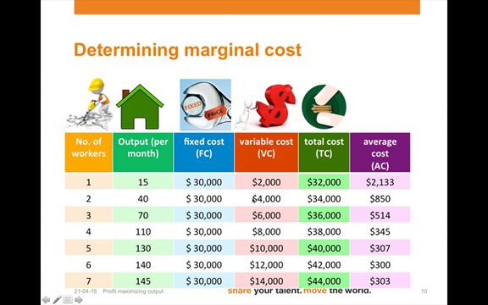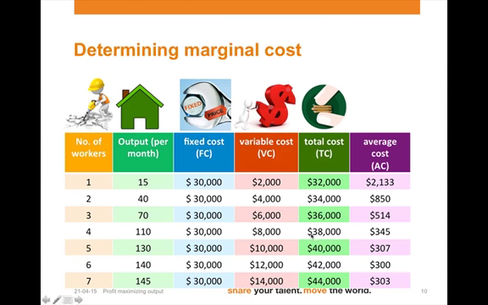In this schedule, you can see that the variable costs increase. If we hire 2 workers, 2 times 2,000 is $4,000. If we hire 4 workers, 4 times 2,000 is $8,000. The fixed costs stay the same with output, so 30,000 no matter how many units we produce.